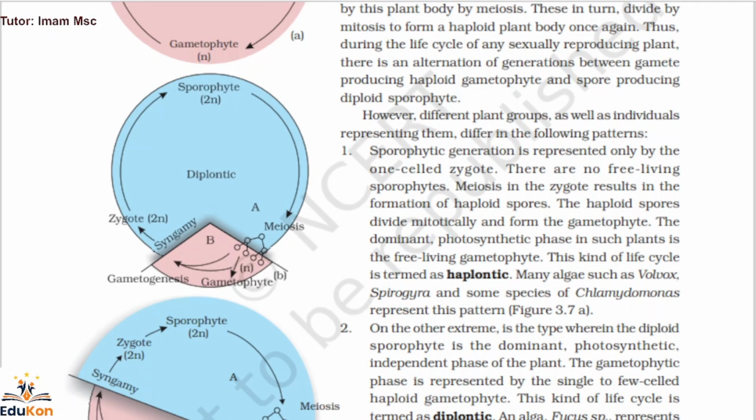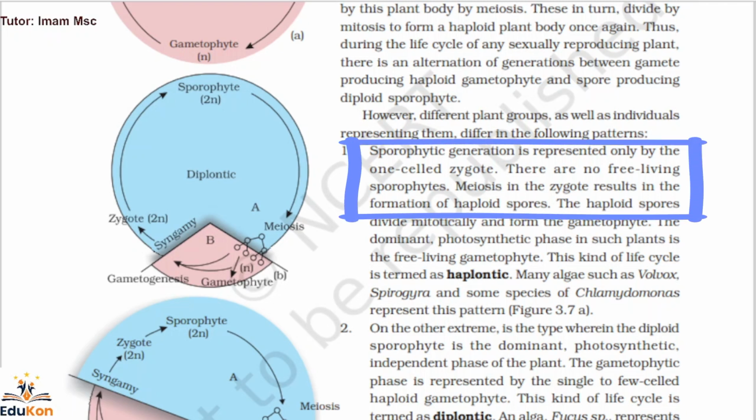The sporophytic generation is represented only by one cell, the zygote, that is diploid. The rest of the life cycle is haploid. So what is the dominant stage here? The haploid stage is dominant over the diploid stage. Sporophytic generation means the generation which produces spores.